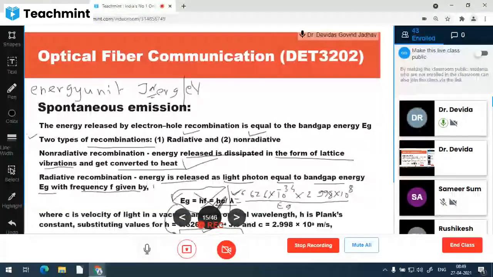But suppose we want to write 5 electron volt in joule, how will we write it? 5 electron volt is converted into joule as 5 multiplied by 1.6 into 10 raised to minus 19, the value of the charge of an electron. So it becomes 8 into 10 raised to minus 19 joule.